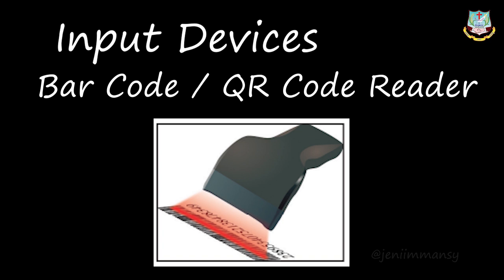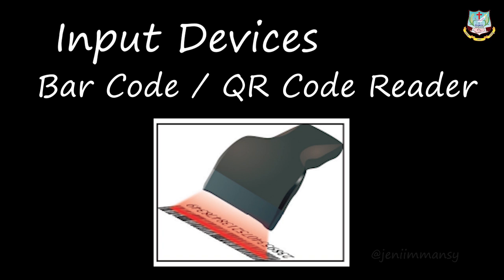The barcode reader scans the information given in the barcode and transmits it to the computer for further processing. Using that, the details of the amount or the billing details will be displayed on the monitor, and it will calculate the amount which you have to pay, right? That is the barcode, and this system gives fast and error-free entry of information into the computer.